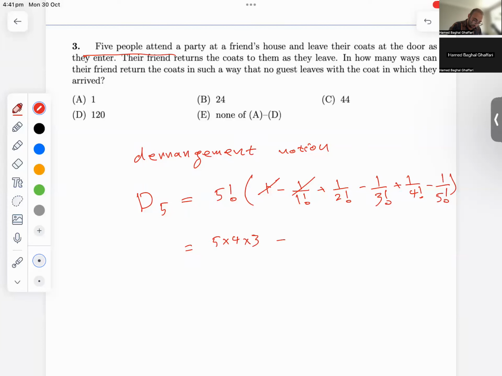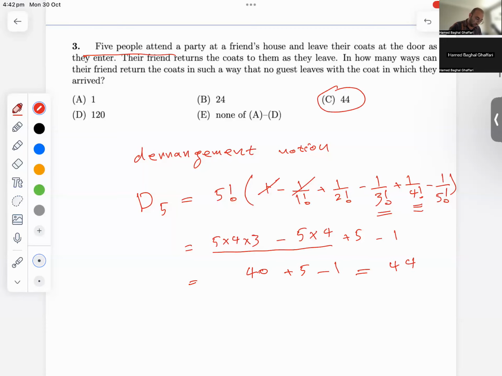The third term will enable me to write 5 times 4. And this guy, I will be able to write plus 5. From here, I will be able to write minus 1. So this will be 60 minus 20 plus 5 minus 1, so 44 is the answer.